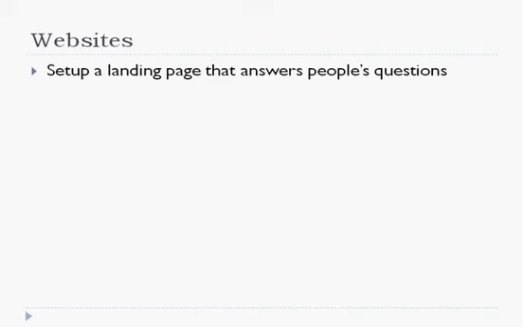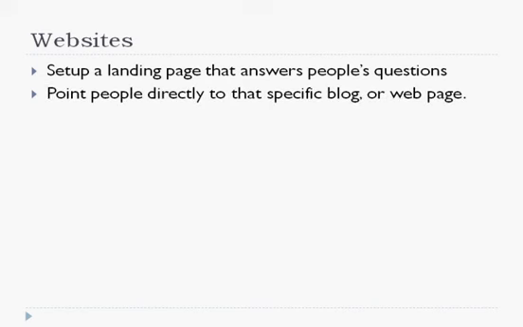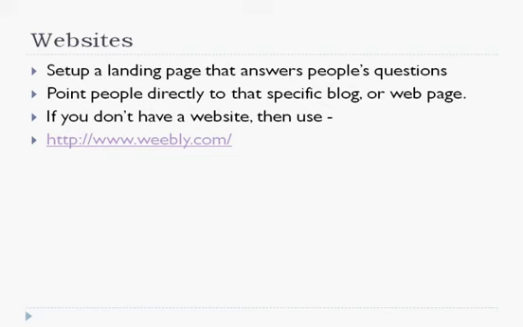So the landing page is purely used as a backup mechanism to support your headline. So you can point people directly to a specific blog, to your web page. And if you don't have a website, then you can use a product or a site called Weebly.com that enables you to set up your own professional looking web pages.